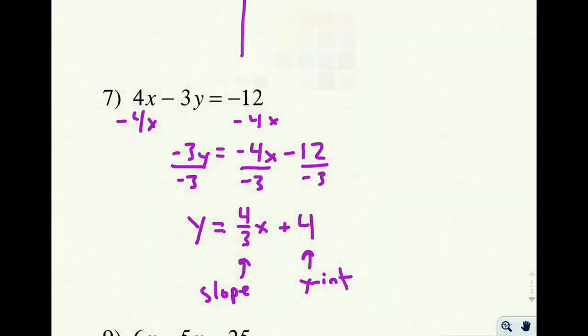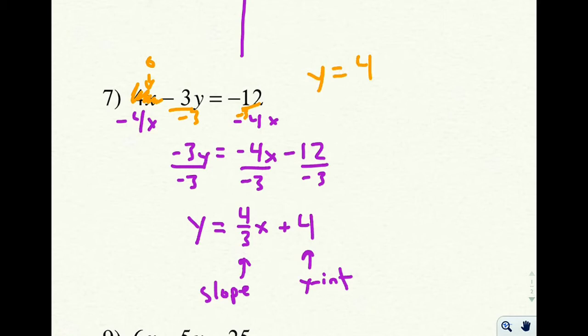Before I actually graph it, the other approach that you might find easier is to get yourself some intercepts. So if you plug in 0 for one of the coordinates, you will get the other intercept. So if I plug in 0 for x, this term goes away. Now if I solve this equation, -3y equals -12, divide both sides by -3, and I'm going to get y is equal to +4.